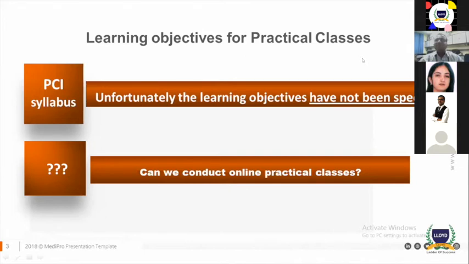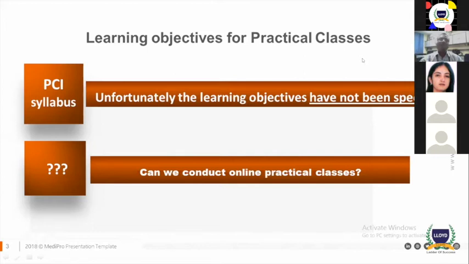Even in the PCI syllabus, the learning objectives start with something like: after listening to this lecture or after performing this practical, students will be able to. Then there is a list of different things which we are expecting from the students. That is what learning objectives are, and these have been given for theory classes.